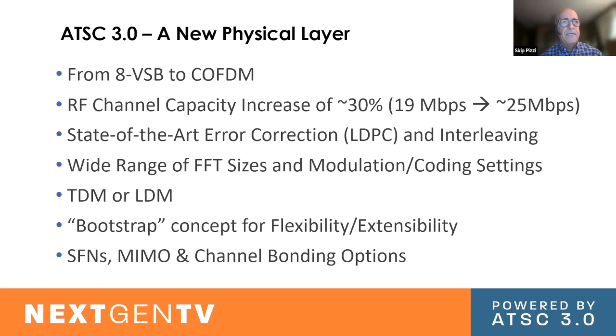Typically, that would be for transmit and receive antennas, which would increase capacity of the channel again. It also would allow multiple channels, up to two channels, to be bonded together for an increased capacity option as well.